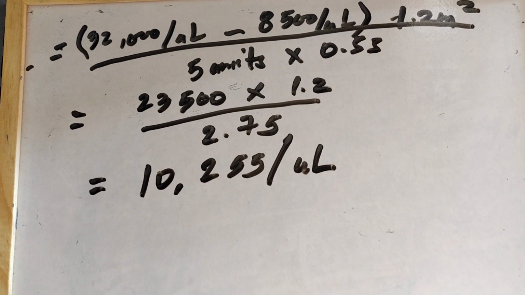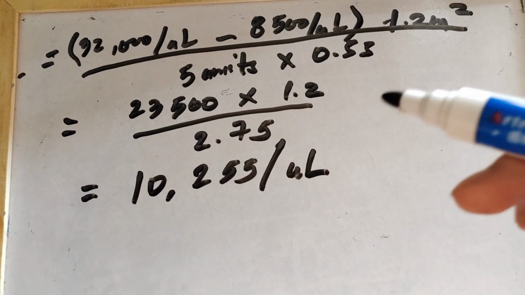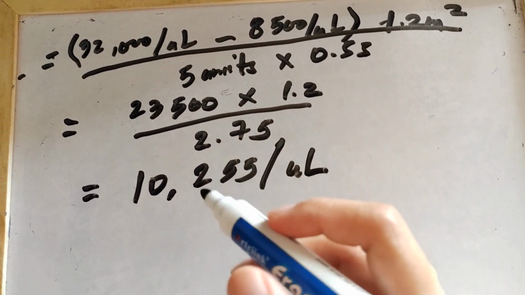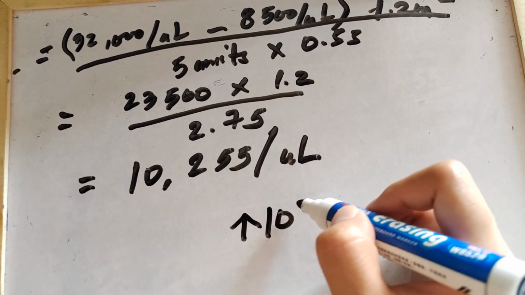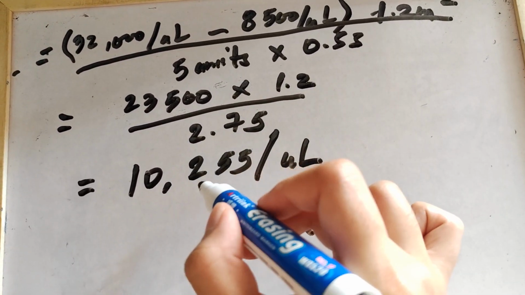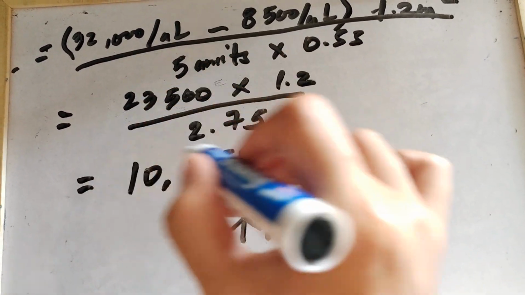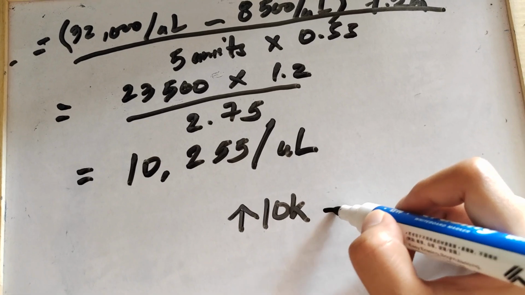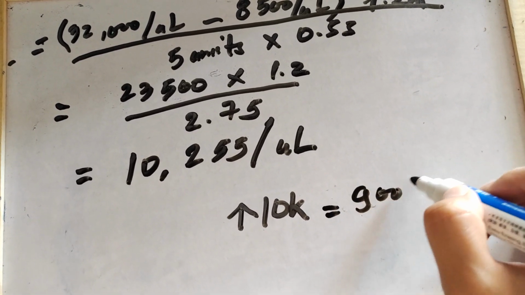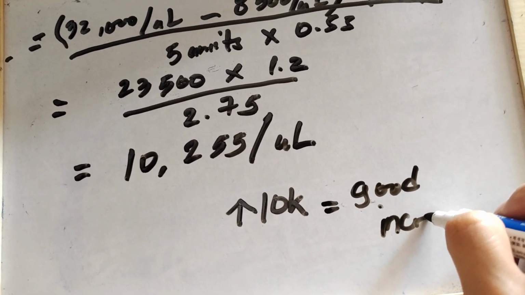So that's the value we got. What do we do with this value? Remember, if the value is greater than 10,000, that means it is a good increment.